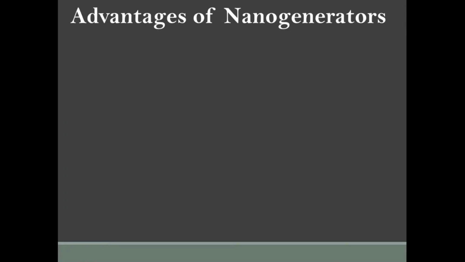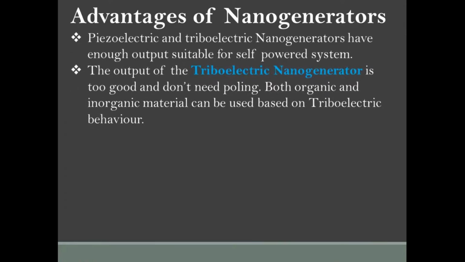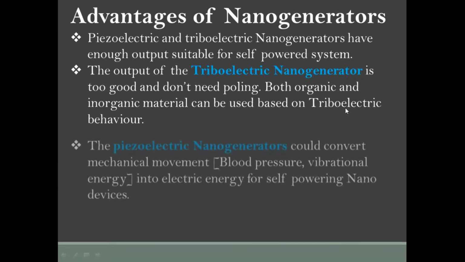What are the advantages of nanogenerators? Piezoelectric and triboelectric nanogenerators have enough output suitable for self-powered systems. The output of the triboelectric nanogenerator is very good and doesn't need poling. Both organic and inorganic materials can be used based on triboelectric behavior.